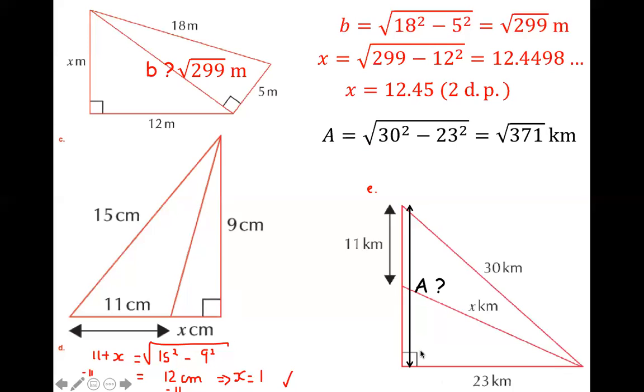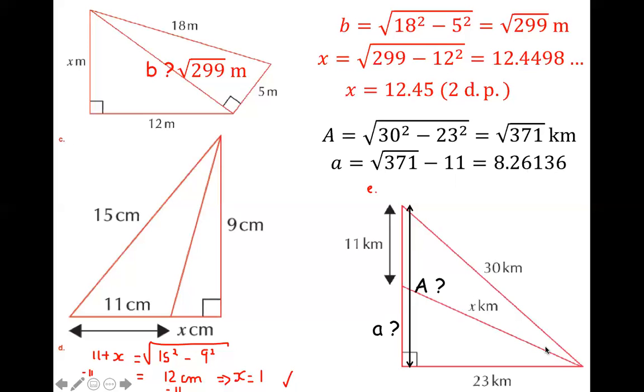And once I've got A, because I know I've got 11 here, I can figure out what this distance is going to be. So small a is root 371 minus 11, which is 8.26.